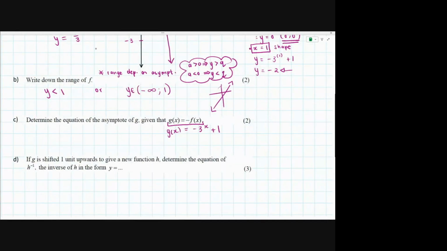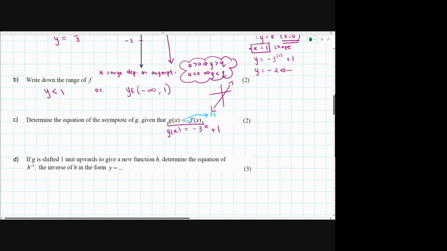Does anyone remember what this negative in front of your f of x means? So what does it mean if we make the y values negative? What happens to your graph? What transformation happens? Nice, Lebel.